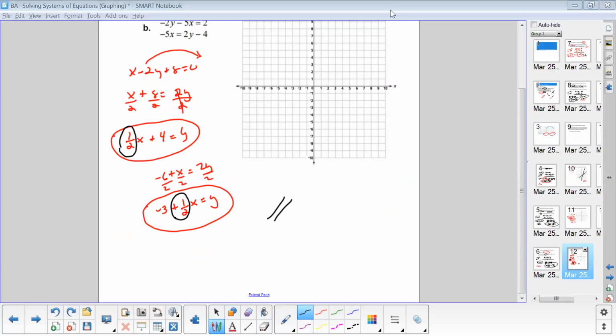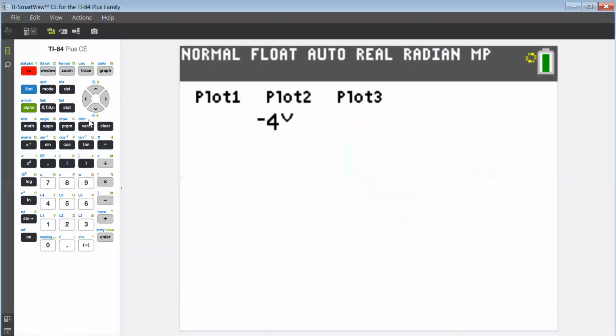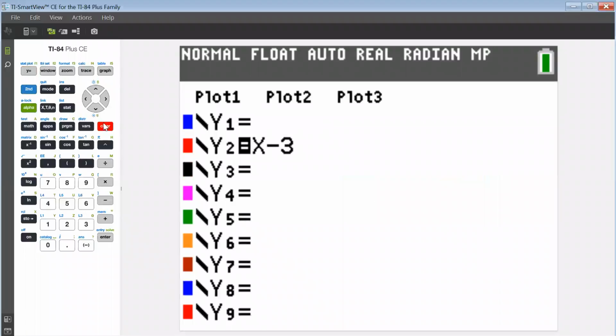So let's look at graphing it. So first equation we'll say is 1 divided by 2 x. So there's my mx, and then minus 3, so my intercept is a negative 3. And then the other equation has the same slope.